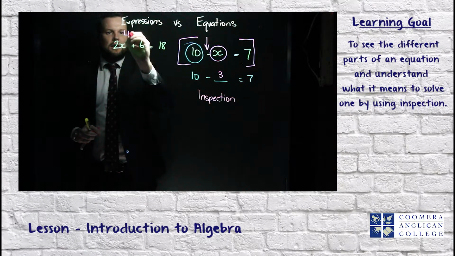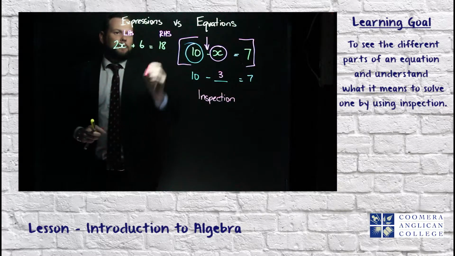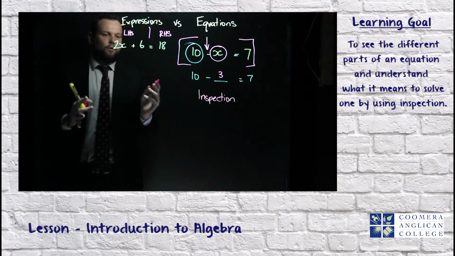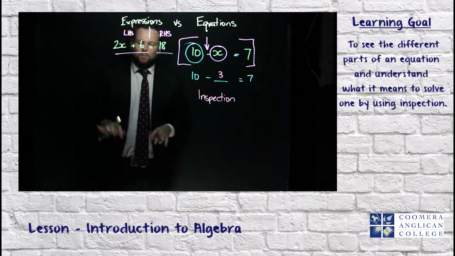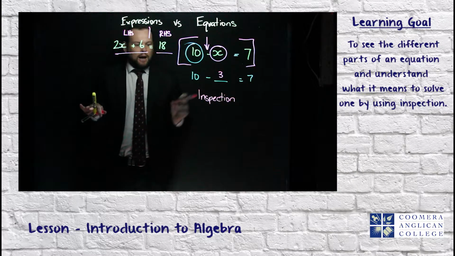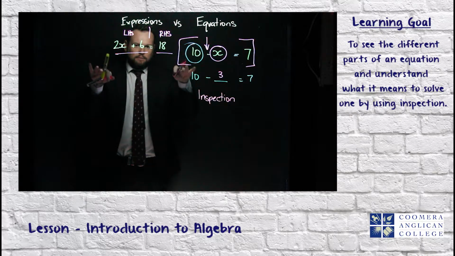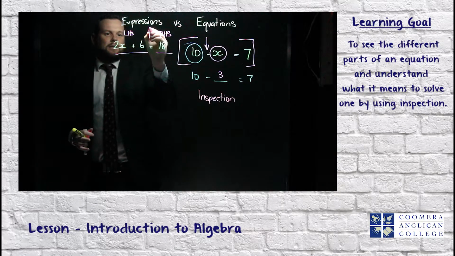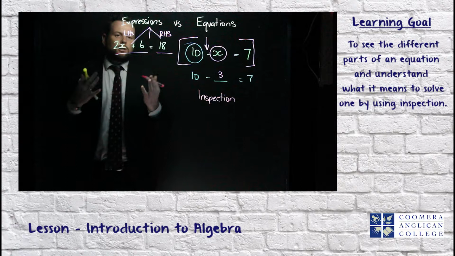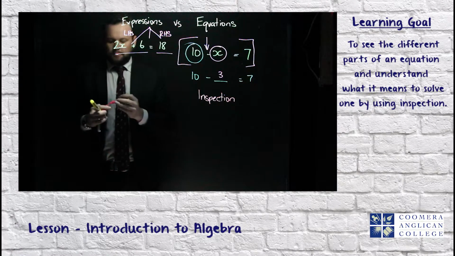Here we have the left-hand side, and here we have the right-hand side. What they actually do is form sort of like a balance. Remember the old scales where you put something on one side and then put individual weights on the other side until they went even, and they balanced each side. This is exactly the same thing. So we have our balance beam and we want to try to balance our equation.